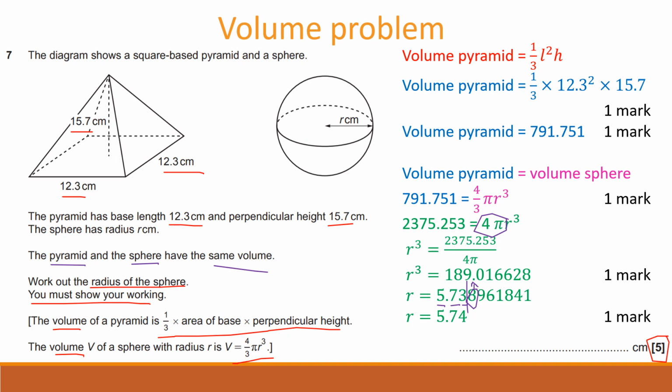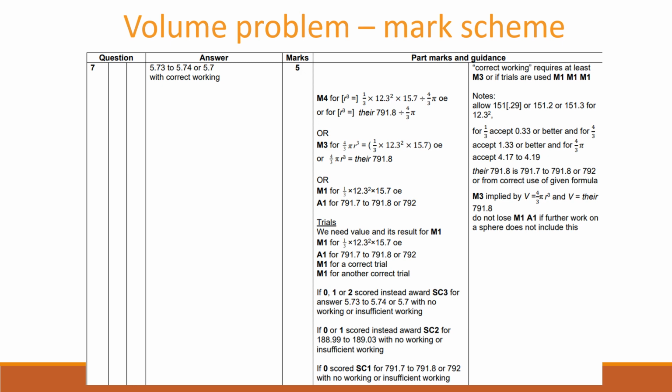Okay, there's my answer. You can see here the 5 marks down the side where the marks are awarded on the mark scheme. Mark scheme is here. You can see on the mark scheme down the bottom, with correct working, we've got 5.73 or 5.74 or 5.7, but you have to have the correct working to get the 5 marks here.